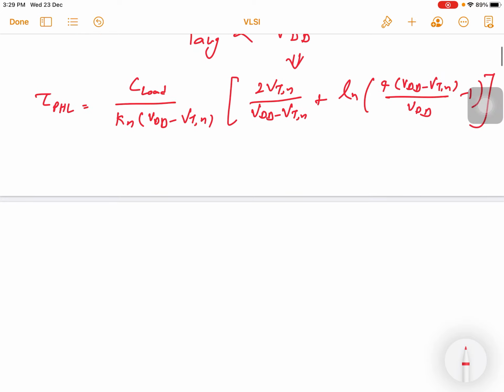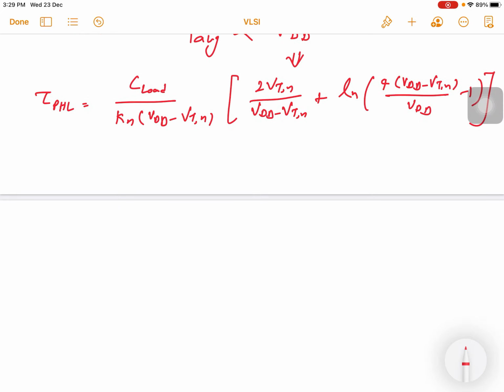This is the formula for the high to low delay tau PHL.